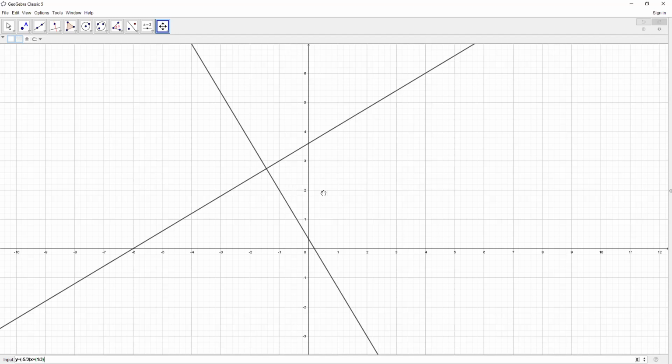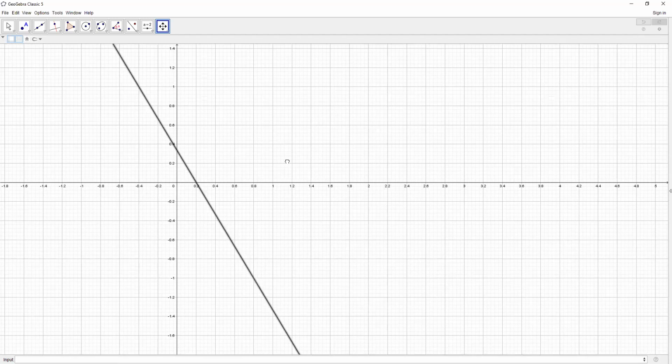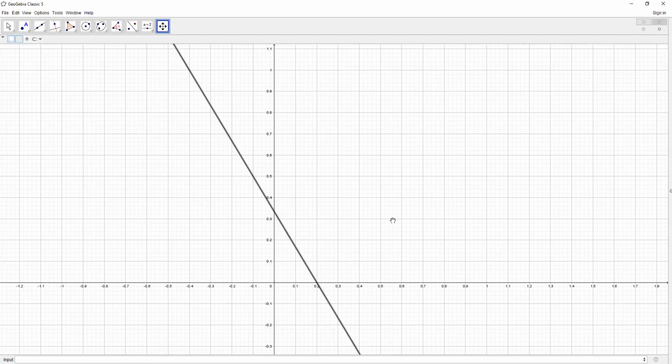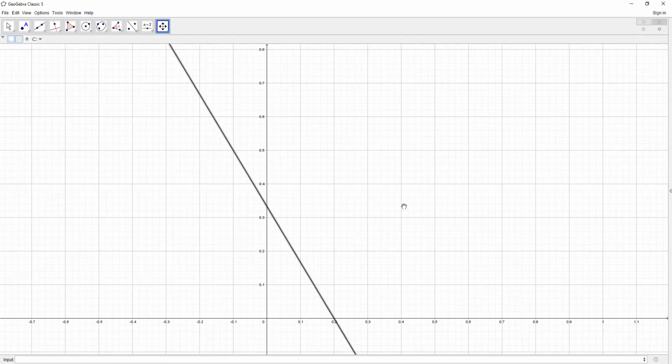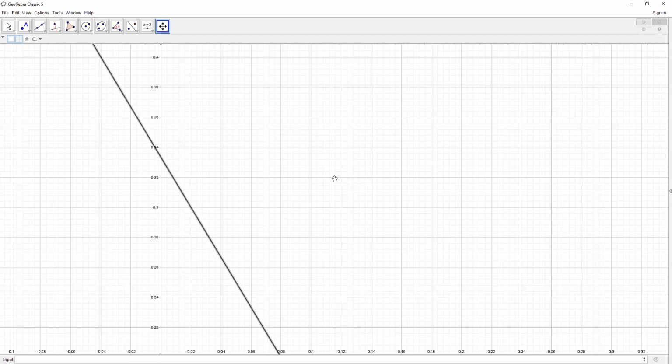Well, the other thing we know about our line is that its y-intercept was 1/3. And looking at the picture here, that seems to be pretty close to 1/3, but we can zoom in and get a closer look. The decimal expansion of 1/3 is 0.3 forever. So we can zoom in forever trying to figure out whether it's exactly right or not. So here's 0.3 and there's 0.35. So somewhere between those, it looks like it's at about 0.33 and a little bit more.